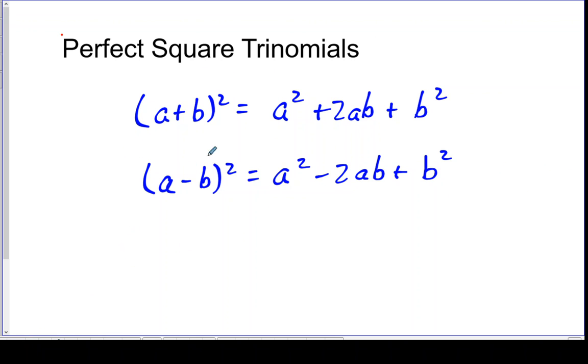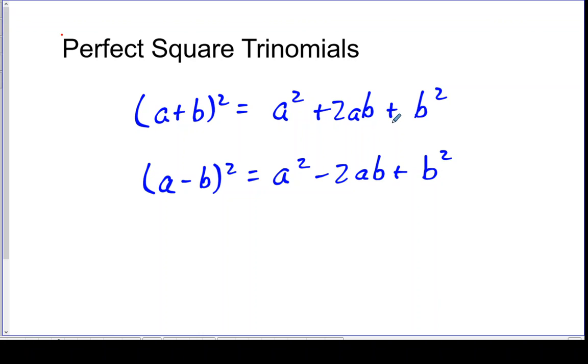Alright, so you're going to see this in your textbooks when you get into high school. You'll see this format. If you've got perfect square trinomials, meaning a plus b times a plus b, your first term is always going to be the square of a, your last term is going to be the square of b, and then the middle term is just going to be double the product of a and b.